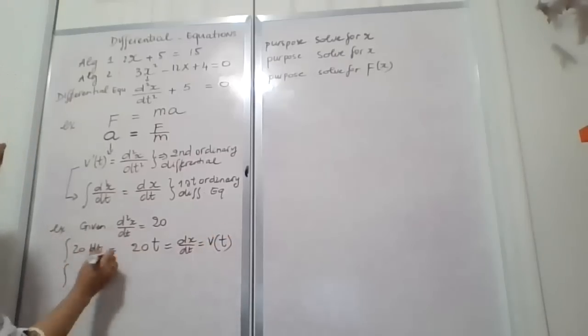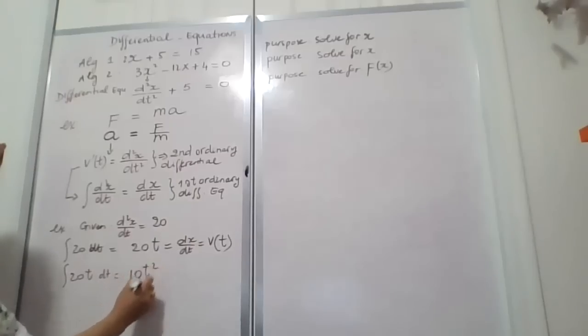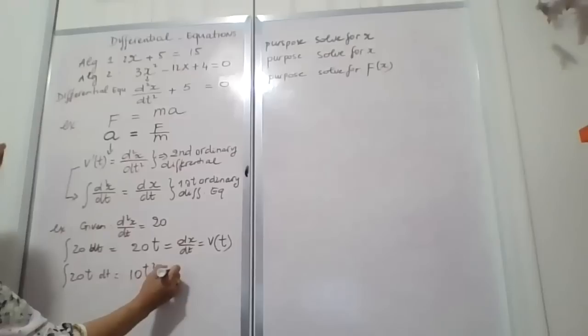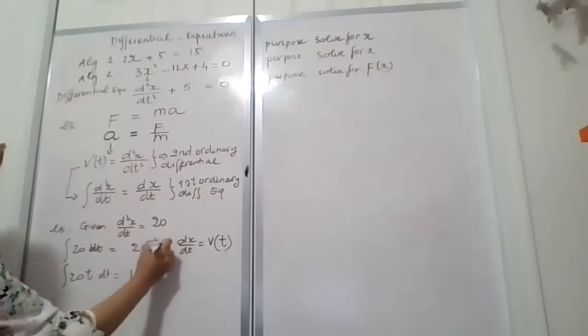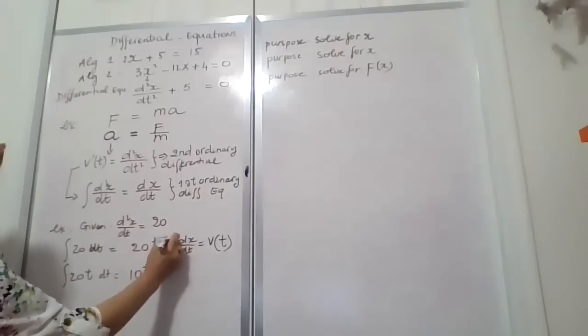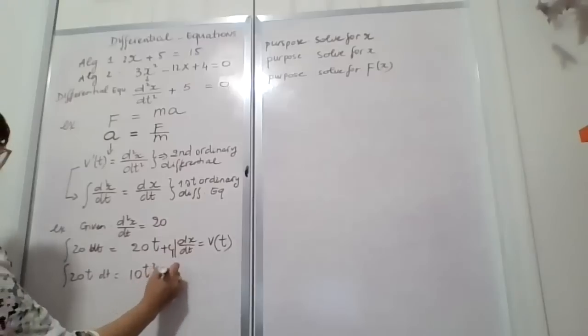Now, if we integrate one more time, 20t, then what do we get? It's the same like antiderivative, right? So we get 10 t squared plus, actually, I forgot, the first integration should be 20t plus c, right? So let's call this c1.